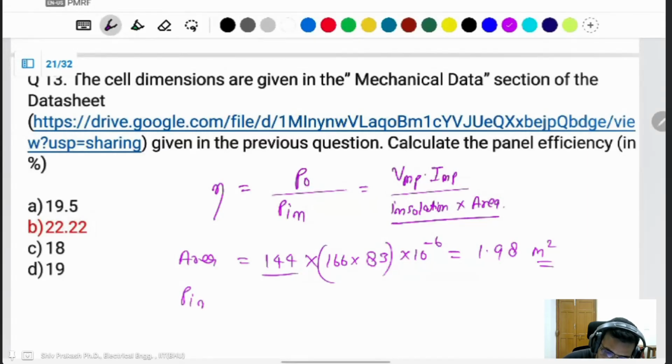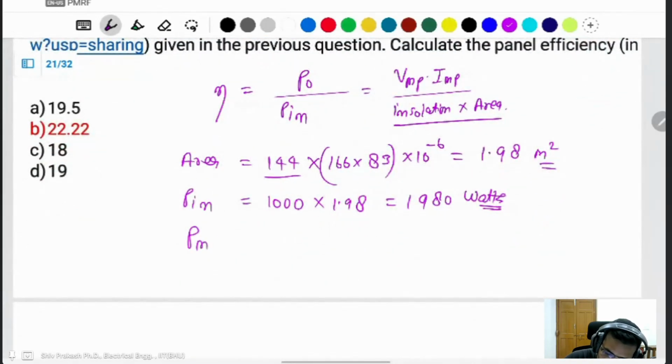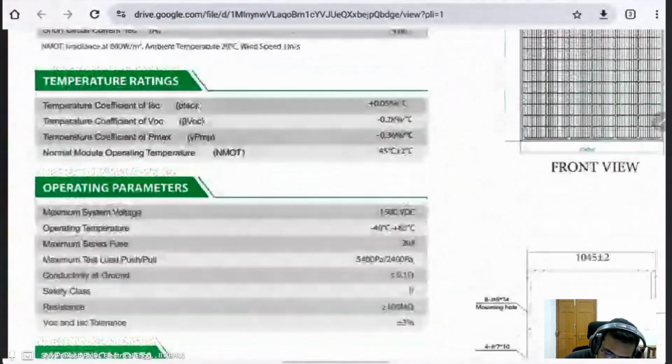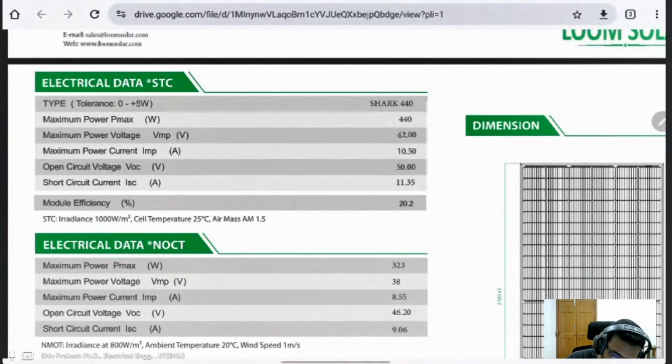Then input power. At standard condition the insolation is 1000 watt per meter square and the area is 1.98, so total is 1980 watt. Maximum power is given already, 440 watt, at standard condition as the maximum output power.